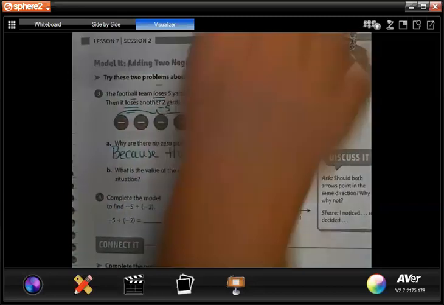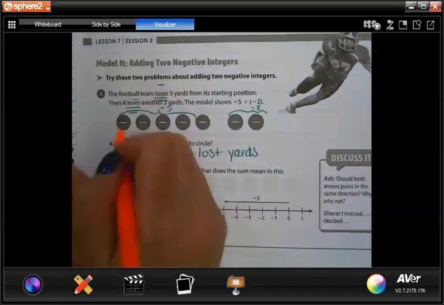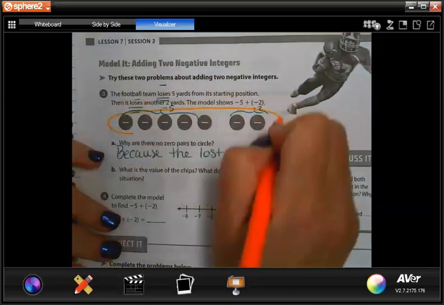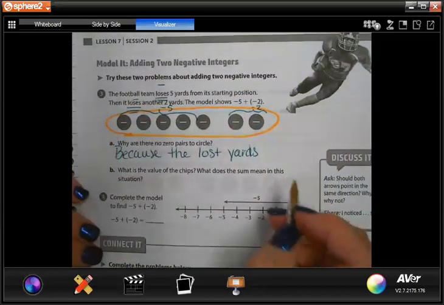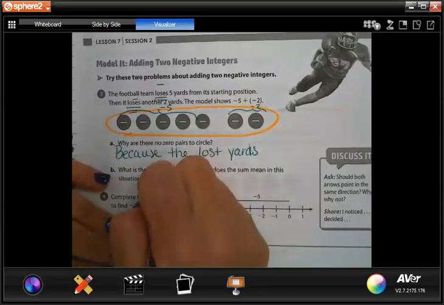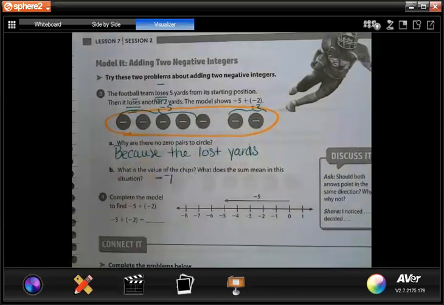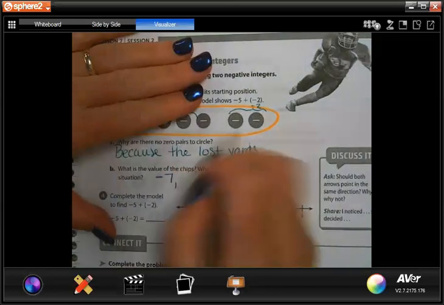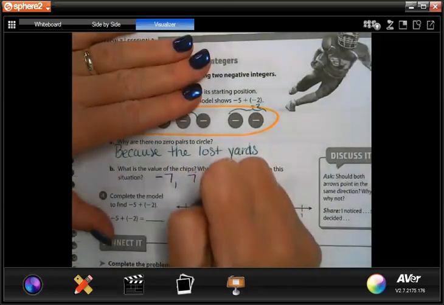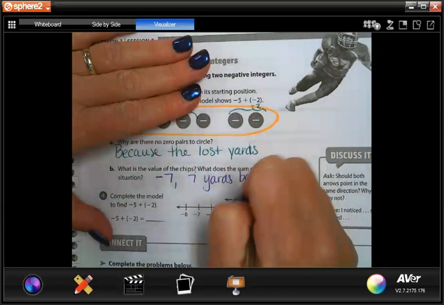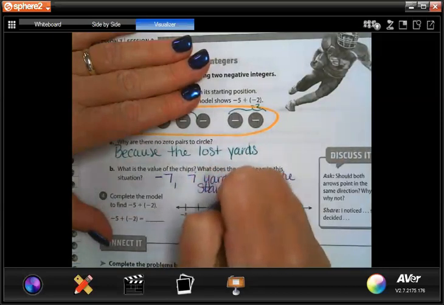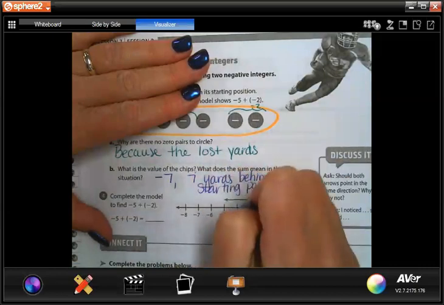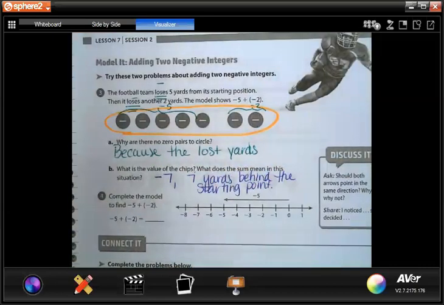So when you have all of the same kind like this, you're going to just add them all together because nothing cancels each other out. So the value of the chips is a total of -7. So we are 7 yards behind the starting point. Okay, that's what that means.